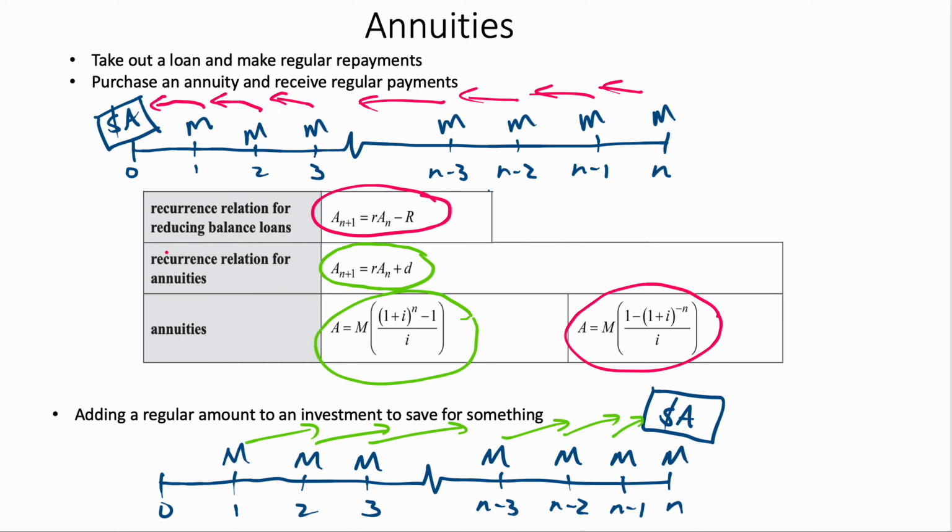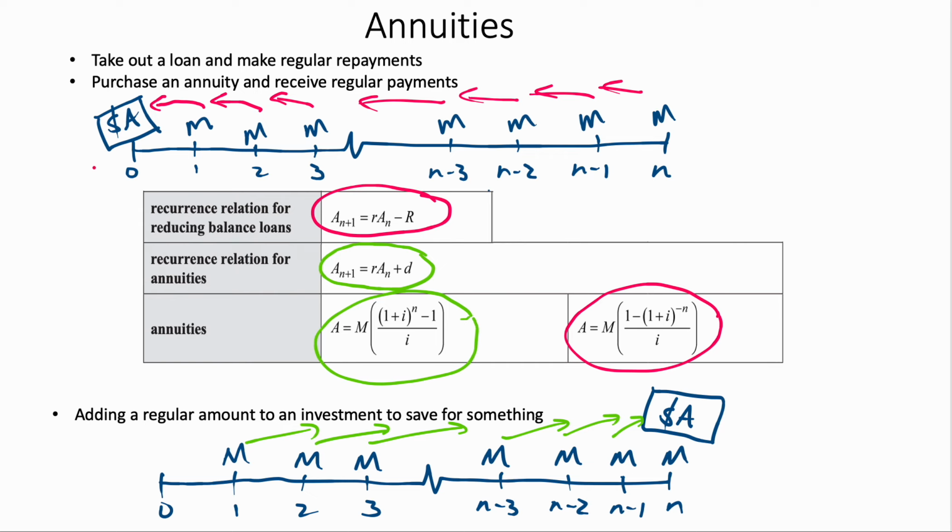Okay, so even though the formula sheet says recurrence relation for reducing balance loan, we can use it for the situation where you purchase an annuity and receive a regular repayment, because your big lump sum of money here is at the beginning and we're taking those payments out over time.